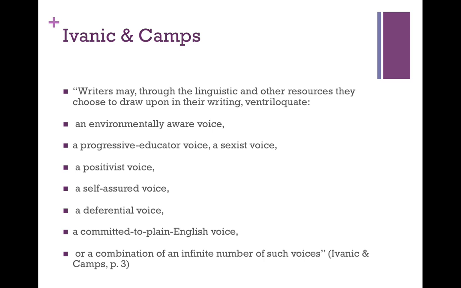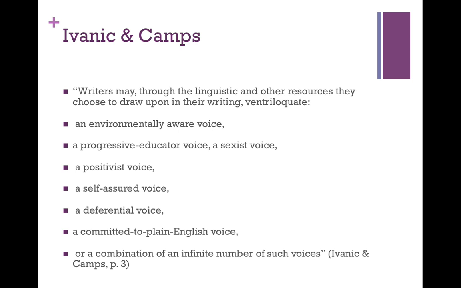Ivanich and Camps talk about some more specific voices that writers could use and what they call ventriloquate, which is basically what people do when they're using a puppet, right? They're ventriloquating. And the reason they say ventriloquate is because sometimes we borrow ways of doing things in order to sound a certain way.